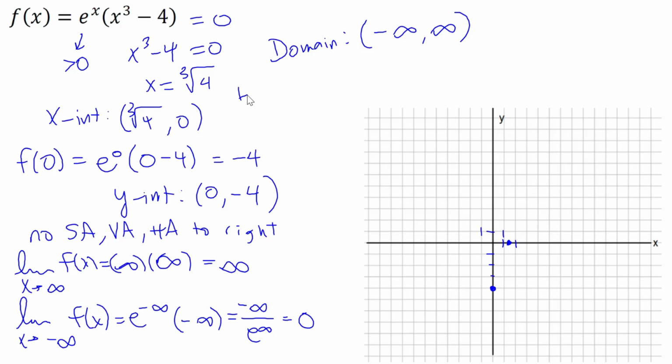So we do have a horizontal asymptote of y equals 0 to the left, just like we did with the last one. So we'll sketch that in there too. There's our horizontal asymptote of y equals 0 going to the left. And once again, just like with the last one, we'll deal with our range at the very end once we actually have a sketch of our graph.